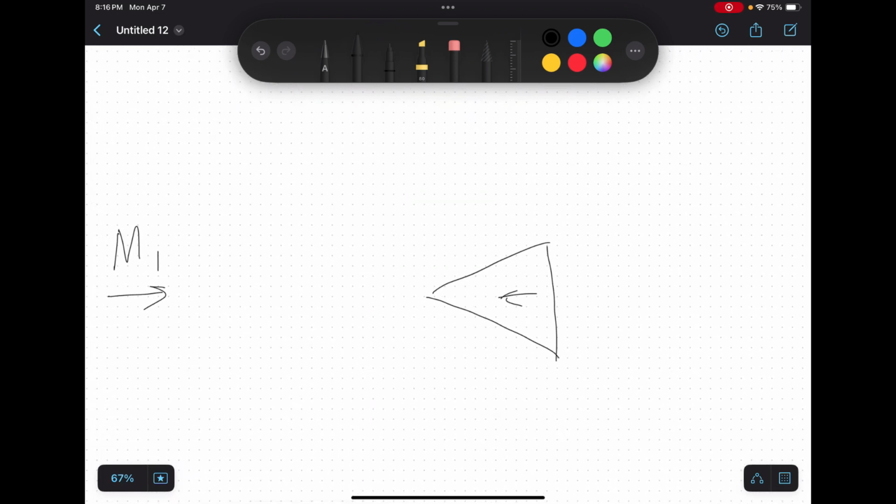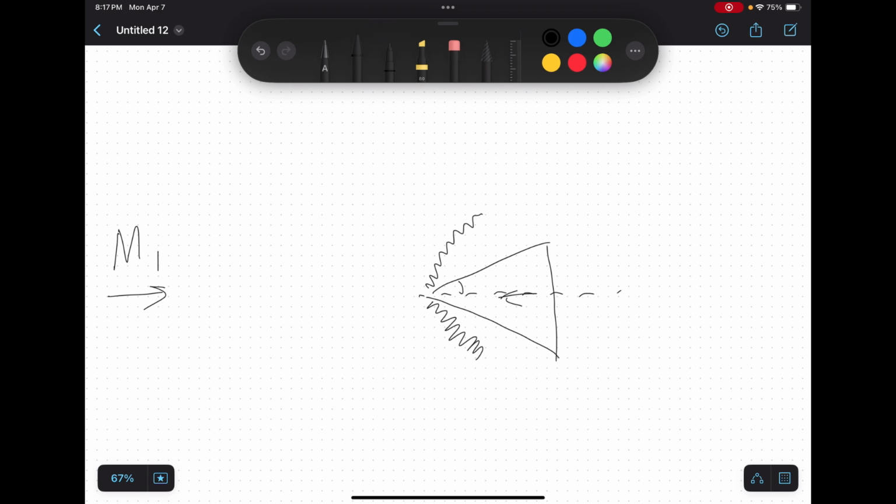A normal shockwave would look like that. It would be normal to the velocity. There's a right angle right there, so it's normal. An oblique shockwave will look like that.